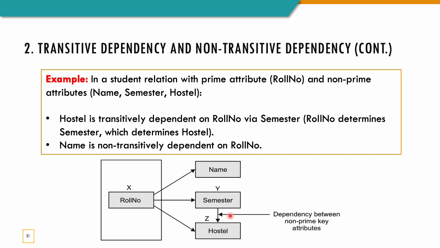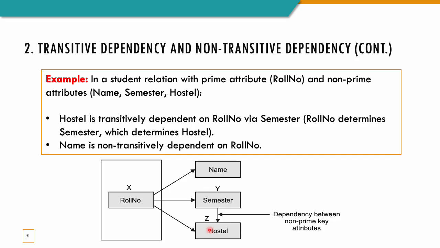Okay, so in a transitive dependency, the hostel is transitively dependent on roll number through a semester. This means that roll numbers determine semesters, and semesters in turn determine hostels.